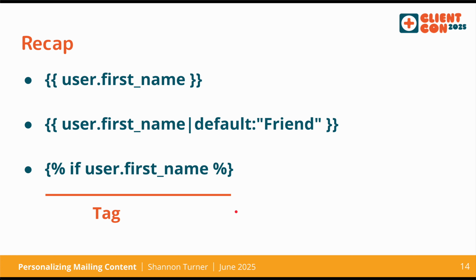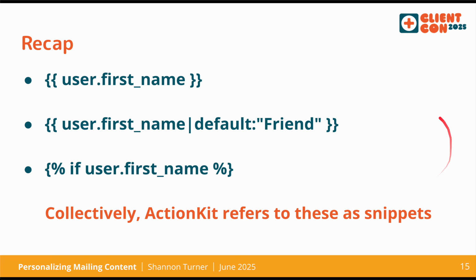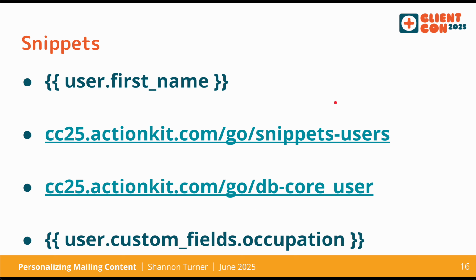Other times it's making some kind of change or doing some conditional content, and we'll get to conditional content in a few slides. But collectively, ActionKit refers to all of these as snippets. And we're really only scratching the surface here. There's a ton more nuance and detail and jargon, but I think this foundation is good enough to follow along with the rest of the presentation.